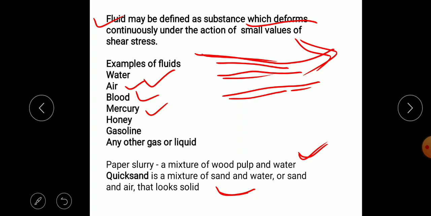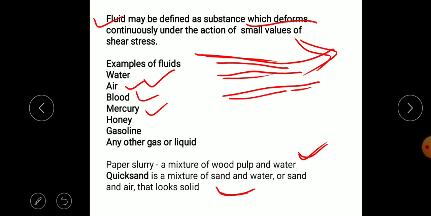The hydraulic force is used in lifts, and to operate different valves, compressed air is used. So in a number of applications we have to consider fluid properties and the pressure exerted by fluids. That's why it is important to learn this subject, fluid mechanics.